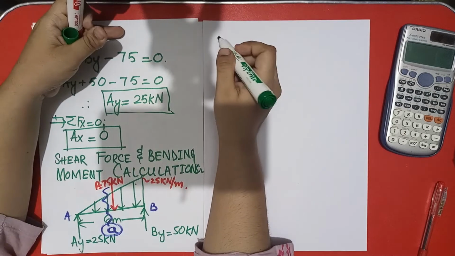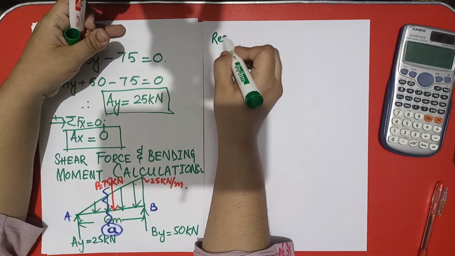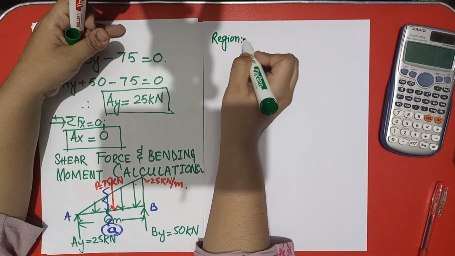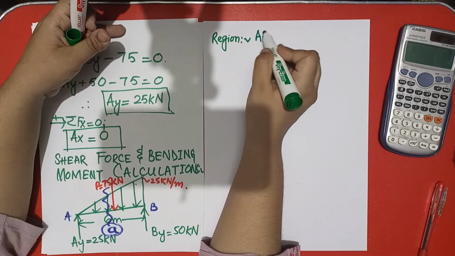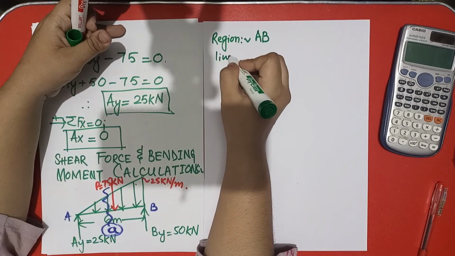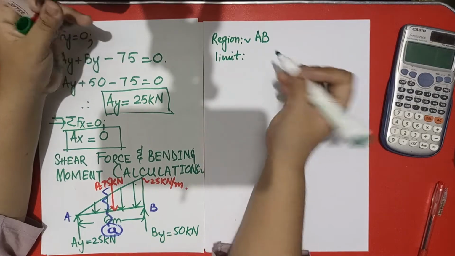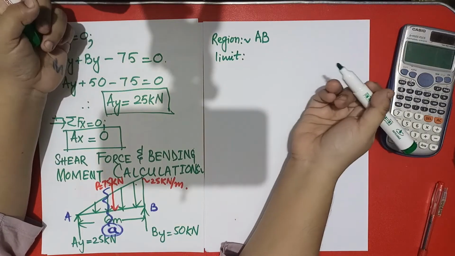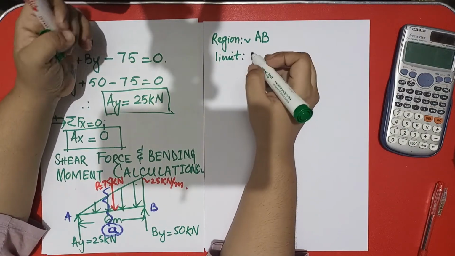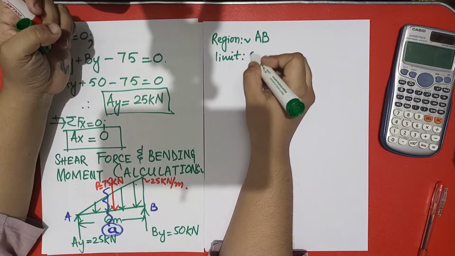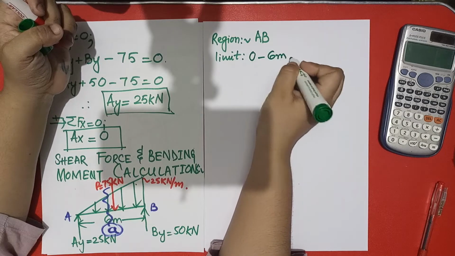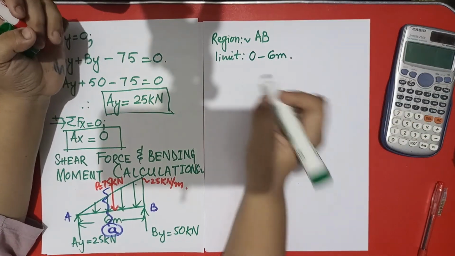So let's go on with the region. I am moving towards the region AB, and its limit will be 0 to 6 meter, as we do in the shear force and bending moment diagram of a uniformly distributed load and point load, because the total length of the beam is 6 meter.